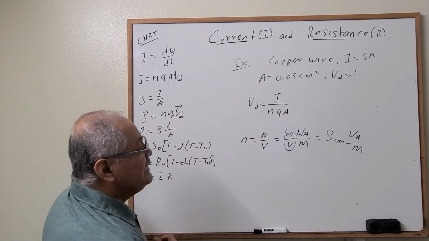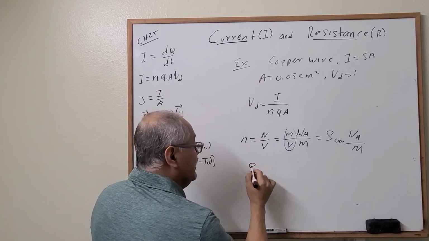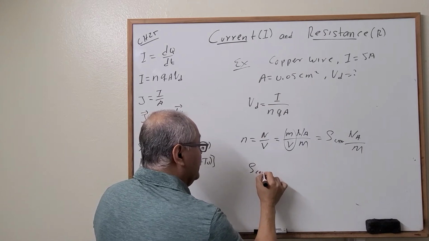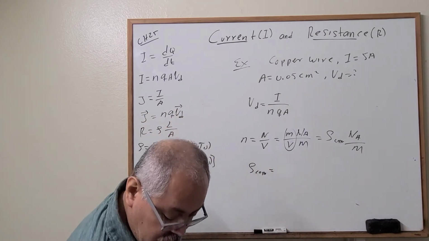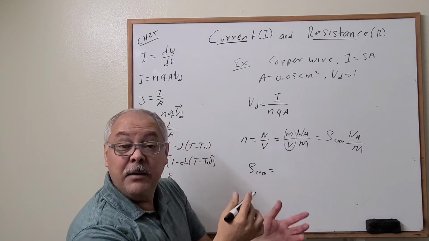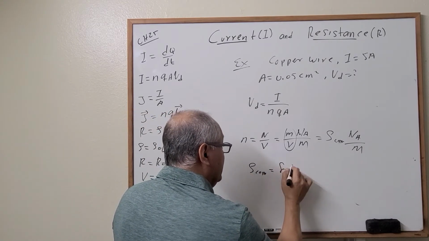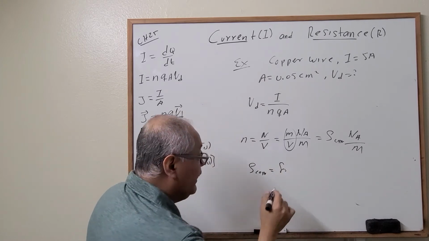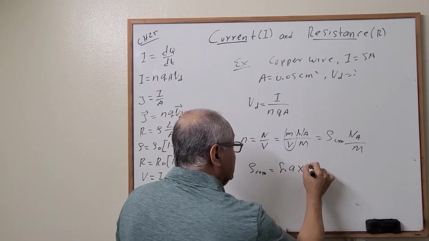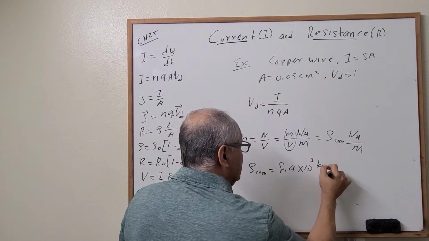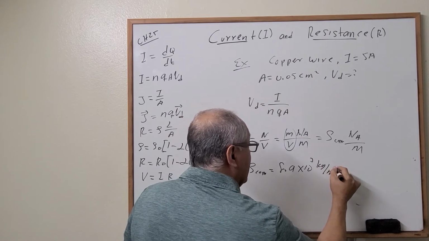Great, but the density for copper is given, from tables, equal to 8.9 times 10 to the third kilograms per cubic meter.